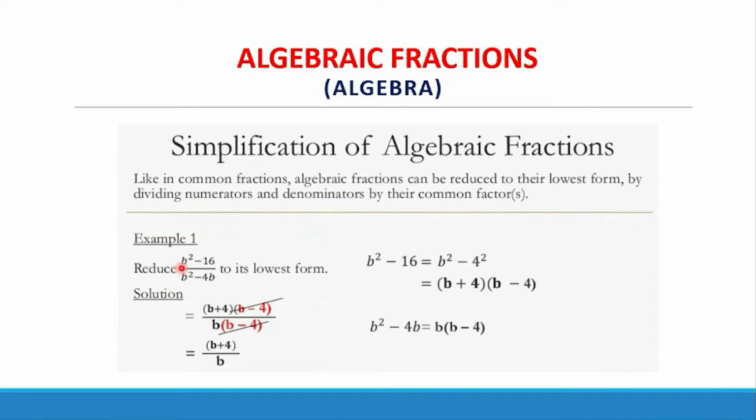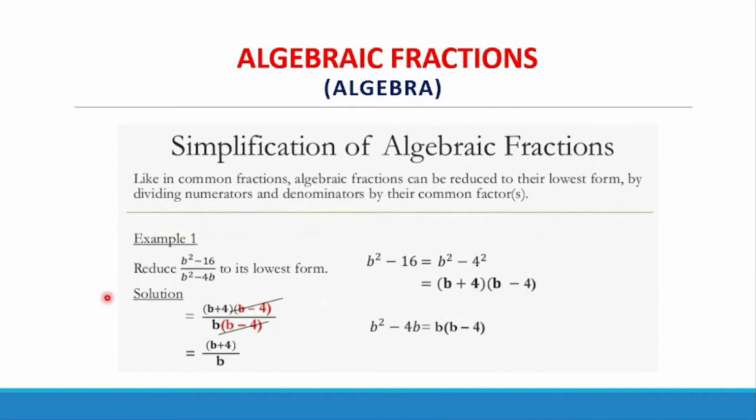The numerator is a binomial, a difference of two squares. The first term is b squared, and the second is 16 or 4 squared, so the factors are b plus 4 times b minus 4.